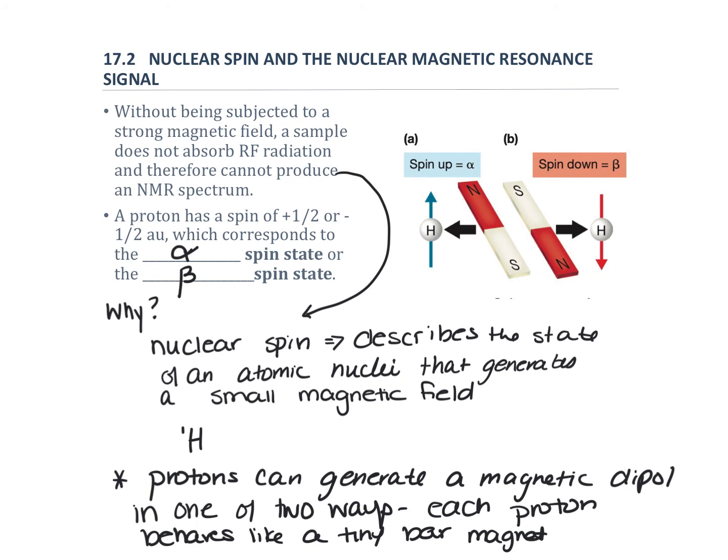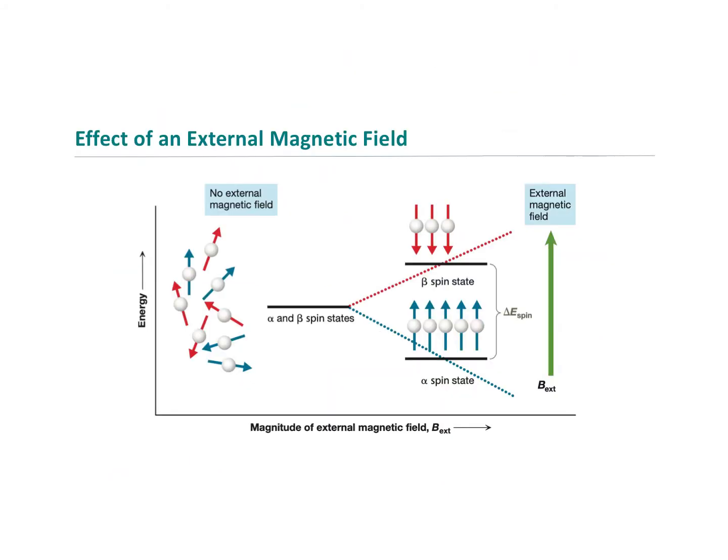Now, when there is no magnetic field present, like here, there is no energy difference between the alpha and beta spin states. So a proton is equally likely to be in either state.